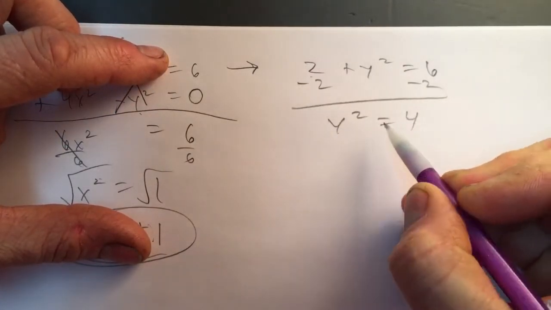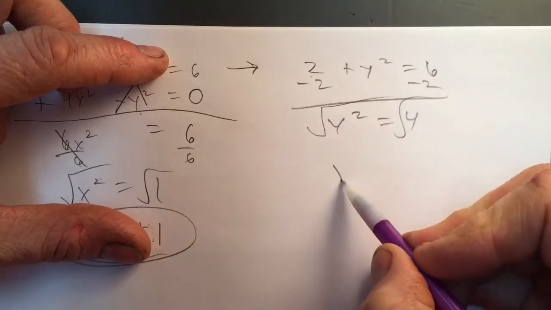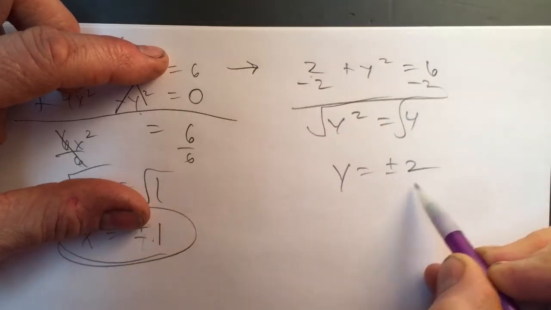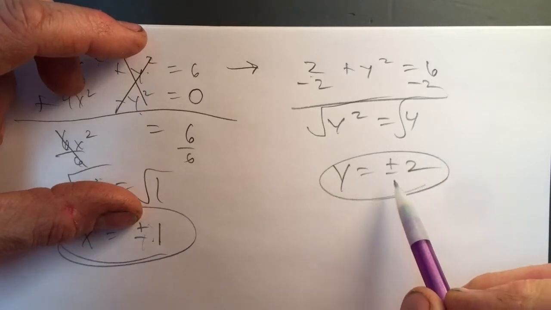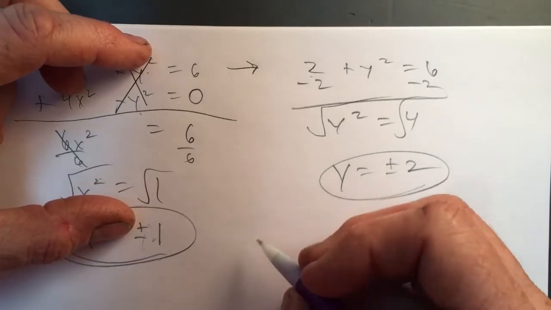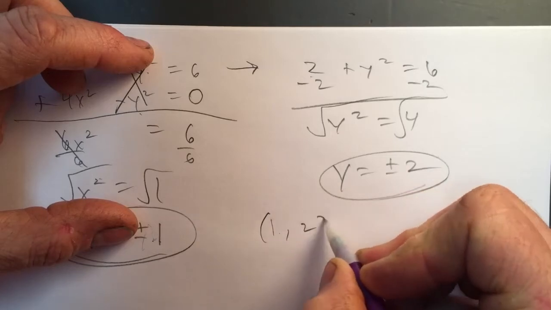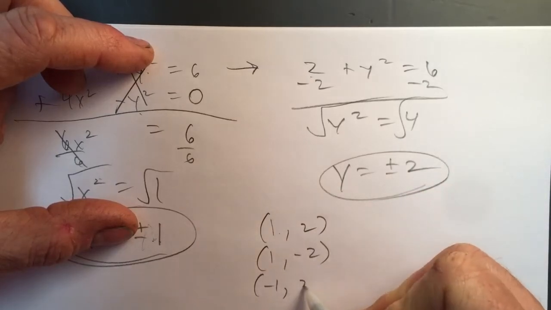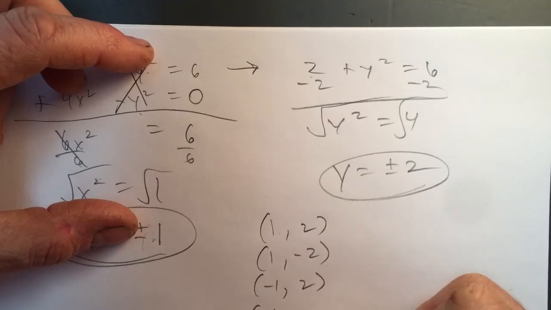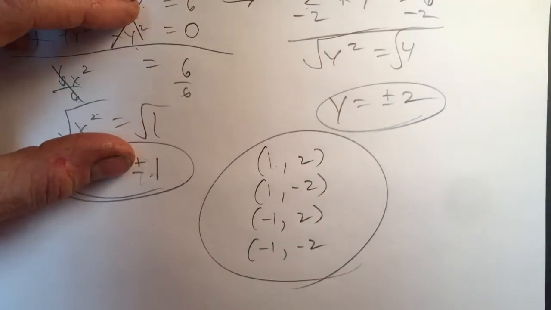So y squared equals 4, and if I square root both sides, y would equal plus or minus 2, which means 1 has positive and negative 2, and negative 1 has positive and negative 2, which means I have 1 with 2, 1 with negative 2, negative 1 with 2, negative 1 with negative 2, and there's all 4 solutions.